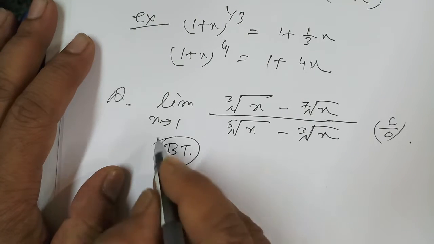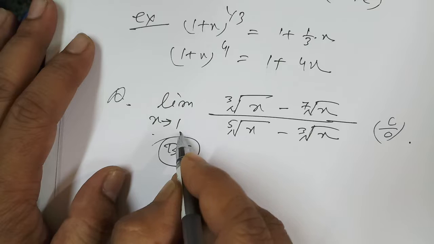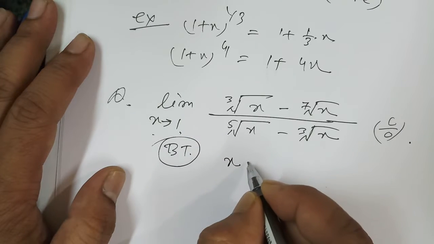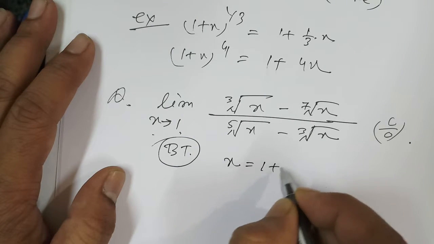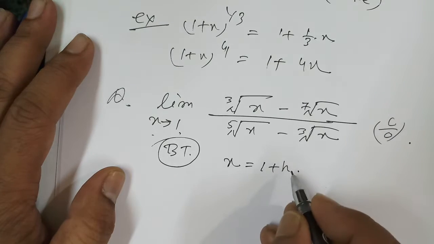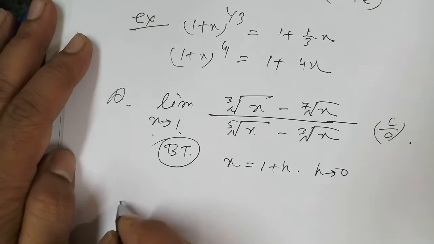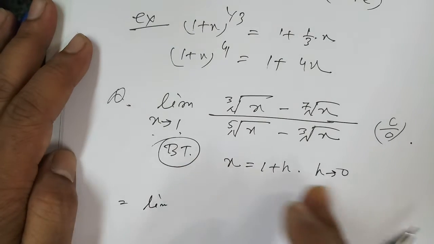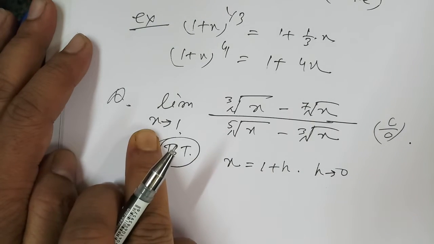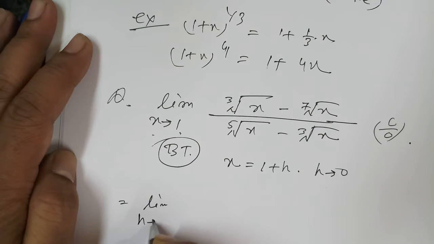It is an easy matter. x tends to 1, so you put x equals 1 plus h. Okay, h is very small. Since x tends to 1, naturally h tends to 0. So this limit having x variable will be changed to h variable.